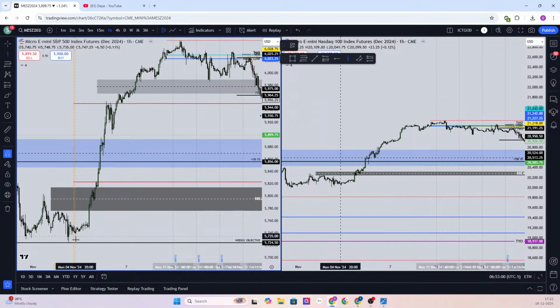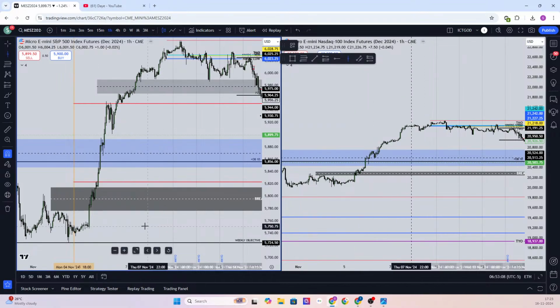This is where the new day opening gap is created, or if it's Monday, the new week opening gap is created. So we'll just mark one day and subdivide it.